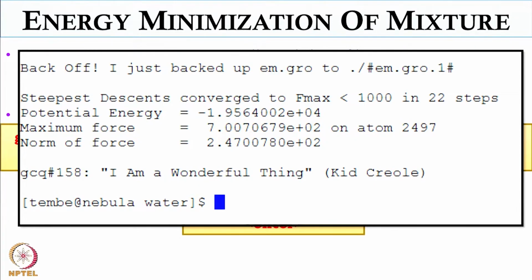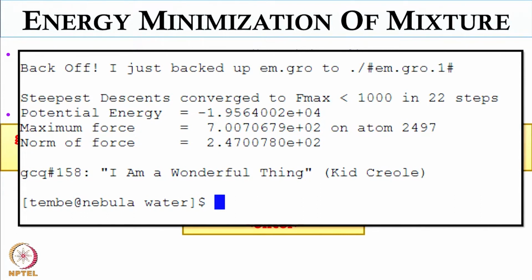There is a log file for every execution. For energy minimization you will have em.log, and when you do the full molecular dynamics simulation you will have full.log. Many of these things in the log file will also be shown on the screen. Now again the maximum force is of the order of 10 to the power 2, on atom 2497.